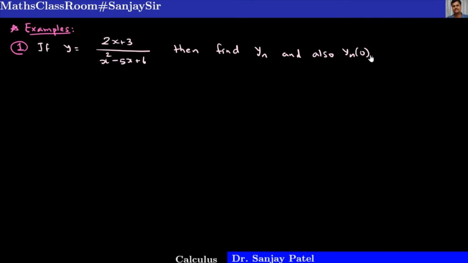That means the value of the nth derivative at x equal to 0. So let us solve this.